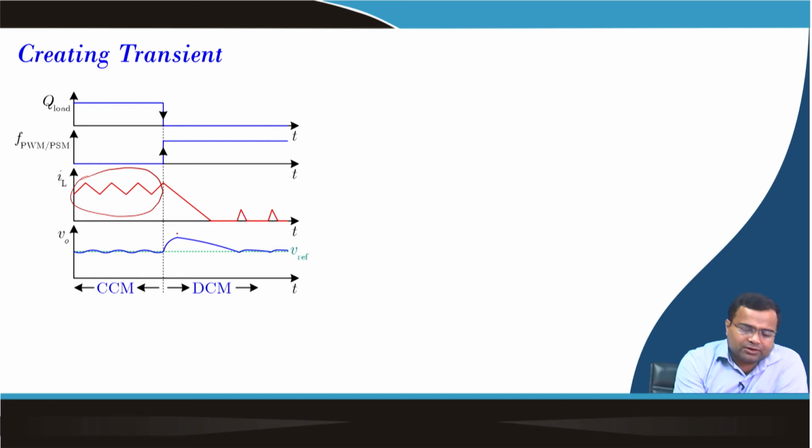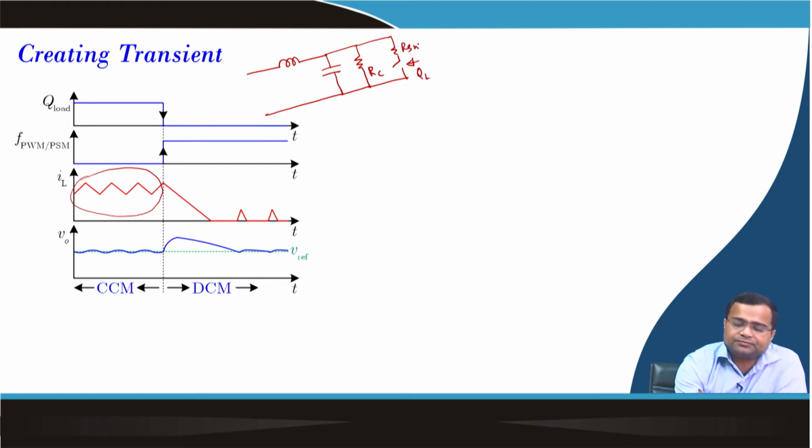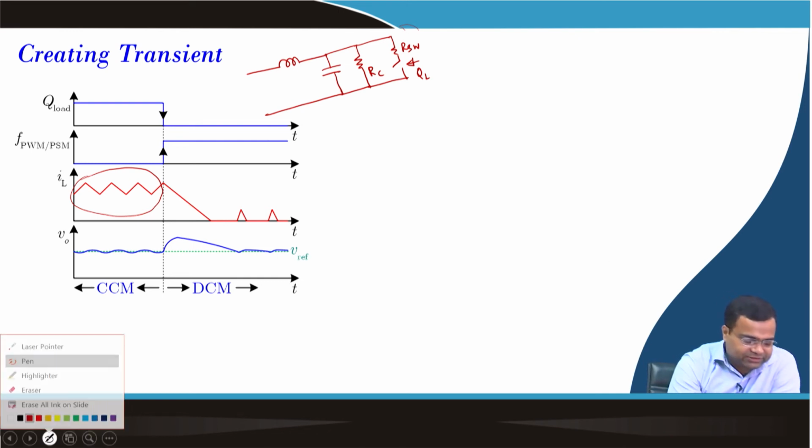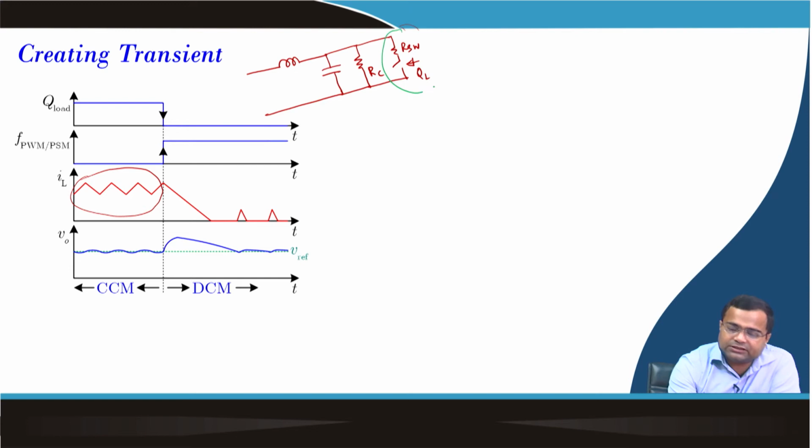Whenever it goes to light load, consider the inductor, then this capacitor, and suppose your resistance was there, which is a large-value continuous resistance, and there is a switch resistance, and this is your QL switch. Initially QL was connected, and this time it is disconnected.